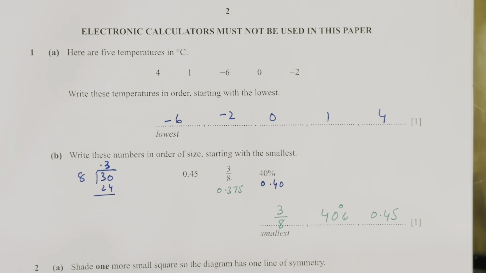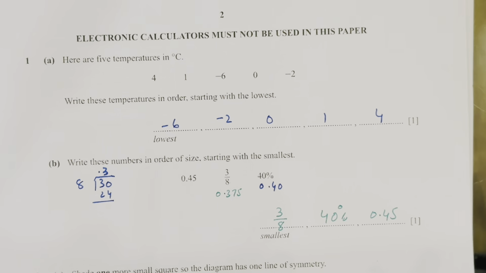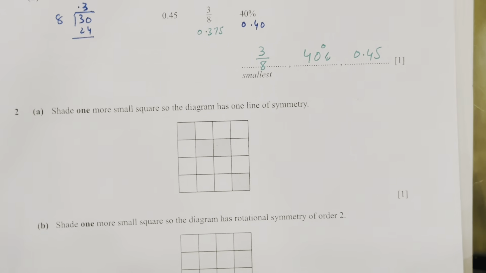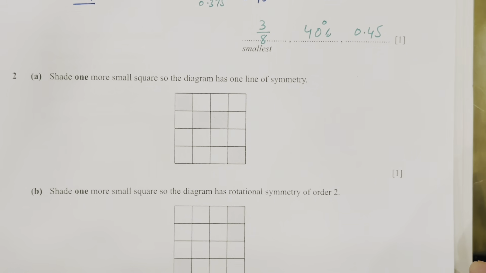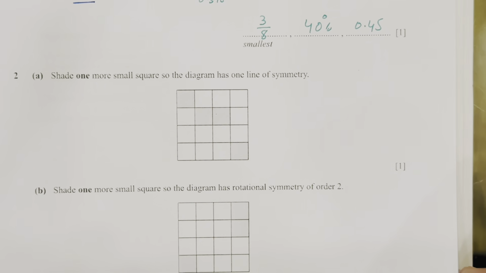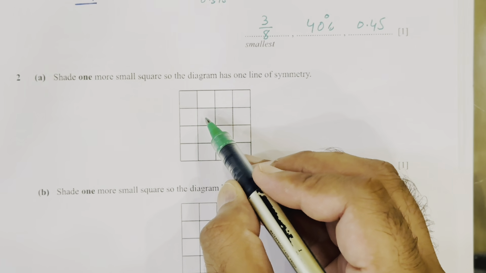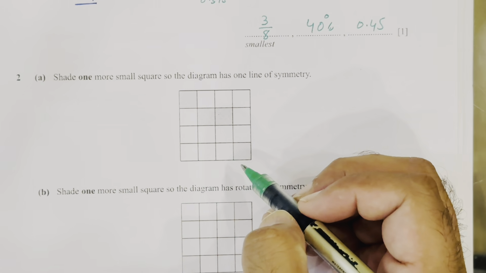Question number 2 is from the topic of symmetry and rotational symmetry. Part A says shade one small circle, one small square, so the diagram has one line of symmetry. We already know that this part is shaded, this part is shaded and this part is shaded.